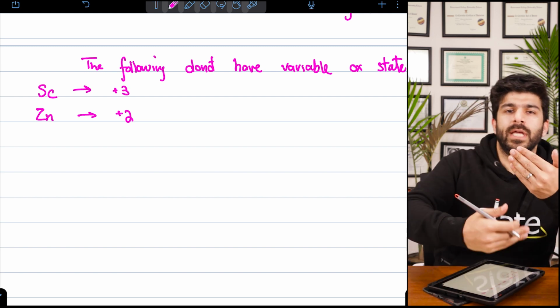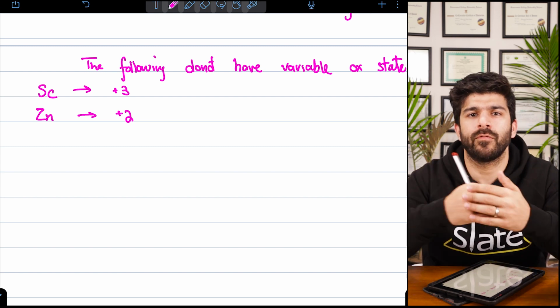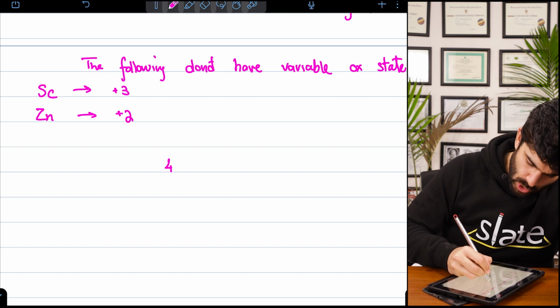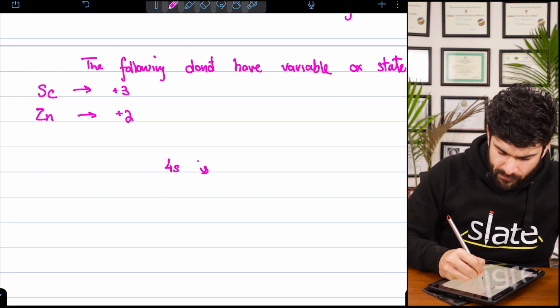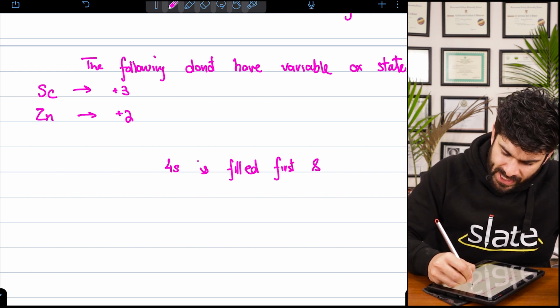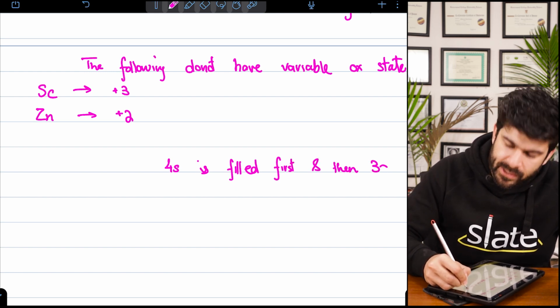Now, there is a reversal of the conditions. I told you 4s is filled first and then 3d.